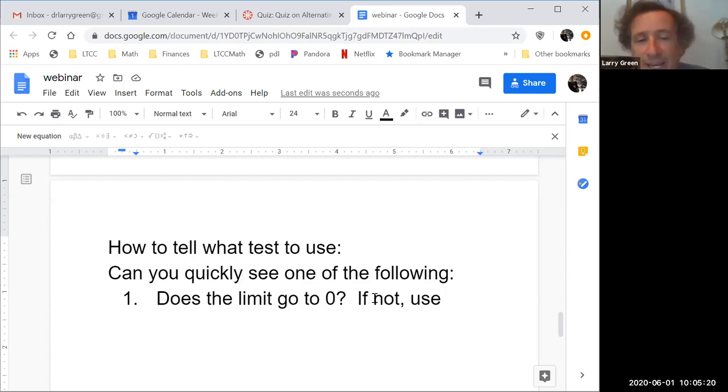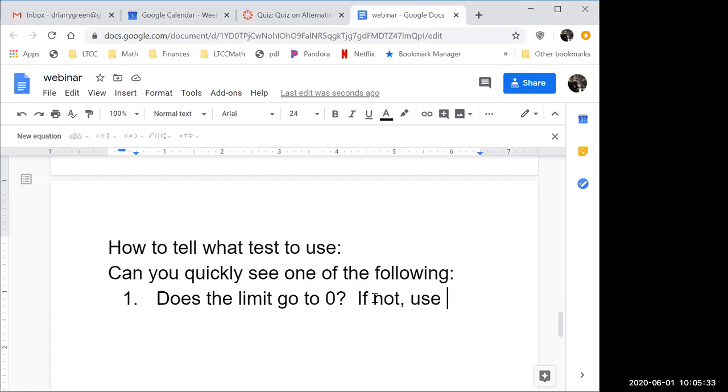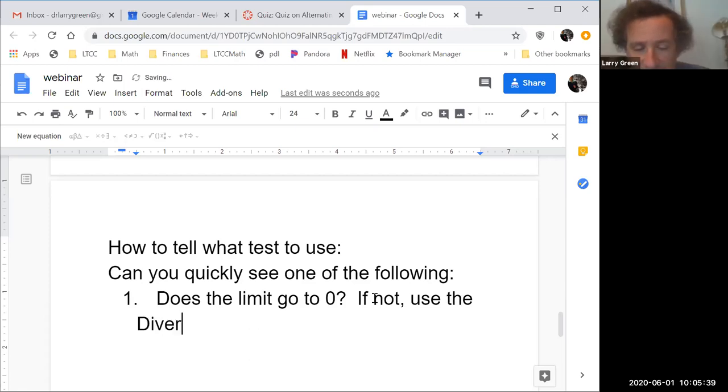If you look at a_n and you say the limit doesn't go to 0, just by looking at it because it's obvious, what test are you going to use? Divergence test? Yeah. Okay, that's good, and again, it's not like this is the first thing you do. You look at it and decide what to do.